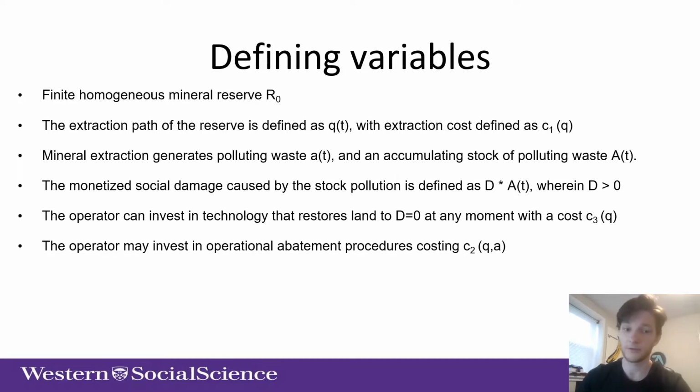The monetized social damage caused by the stock pollution is defined as D multiplied by capital At, wherein D is a positive number. The operator can invest in technology that can restore the land to D equals 0 at any moment with a cost C3Q. And the operator may also choose to invest in operational abatement procedures costing C2.